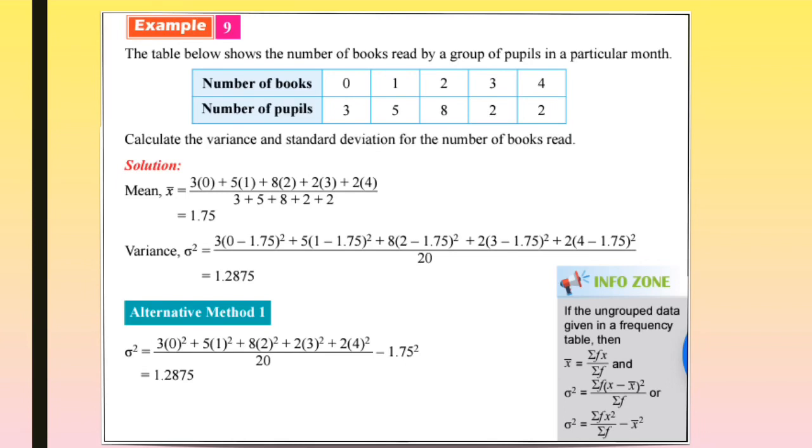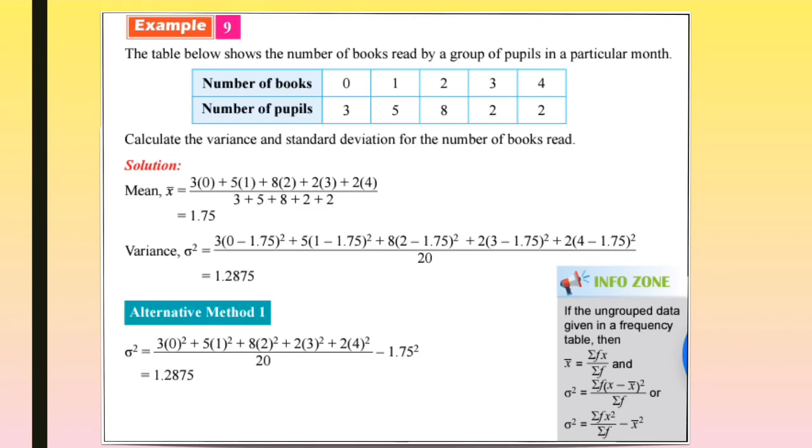So there are two methods to do. I want you to observe the info zone. The mean is summation of fx over summation of f. This one is if they give you a table with a frequency. And then the variance formula is summation of f times (x minus mean) square over summation of f.